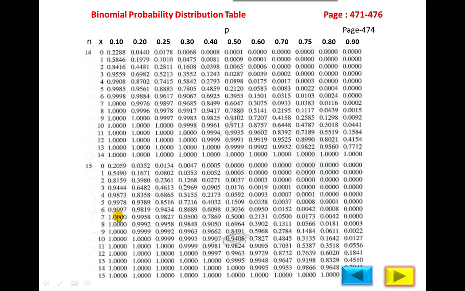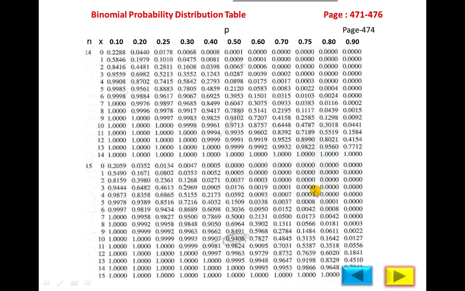And if the value of probability is 1, the next values will always be equal to 1. If the minimum value is 0, the previous values will be equal to 0 because you know that the minimum probability is 0. Even if these values are not given, it is understood that the maximum probability is 1 and the minimum is 0.